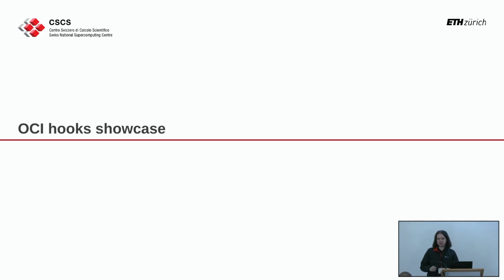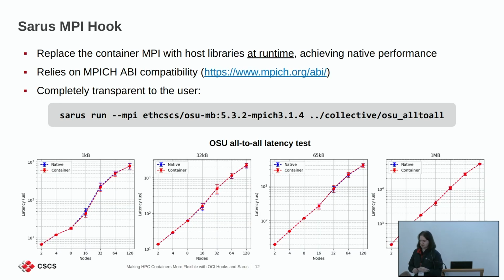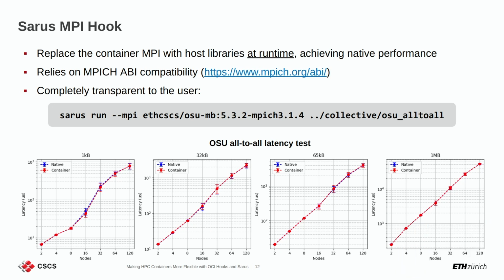So the first one, which is arguably the most famous and popular one, or rather the one that people are most interested in, is the MPI hook that comes bundled with Sarus. The MPI hook is this program that replaces the container MPI, the MPI installation within a container, with a counterpart from the host.